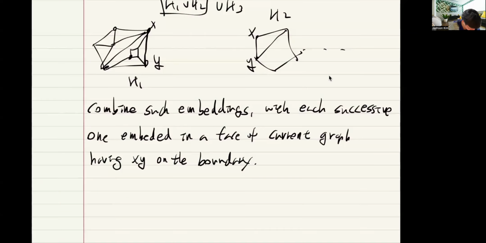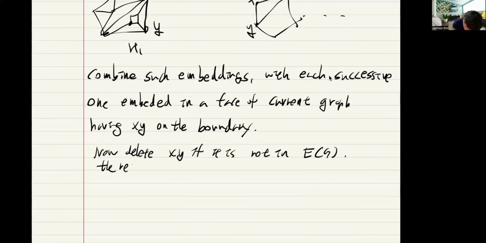Then this gives us the planar embedding. And at the end, now delete xy if it is not in the original graph. The result is a planar embedding of G.